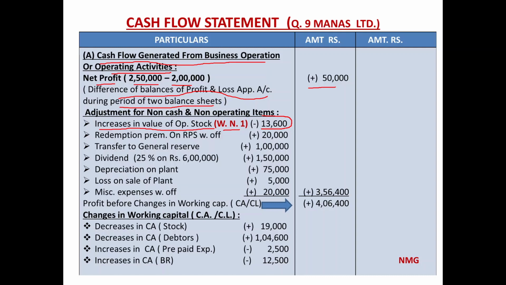Net profit of the current year is to be decreased by 13,600 because the value of opening stock has been increased by 13,600. I hope this discussion is very clear in your mind as far as the adjustments in the value of opening stock are concerned.